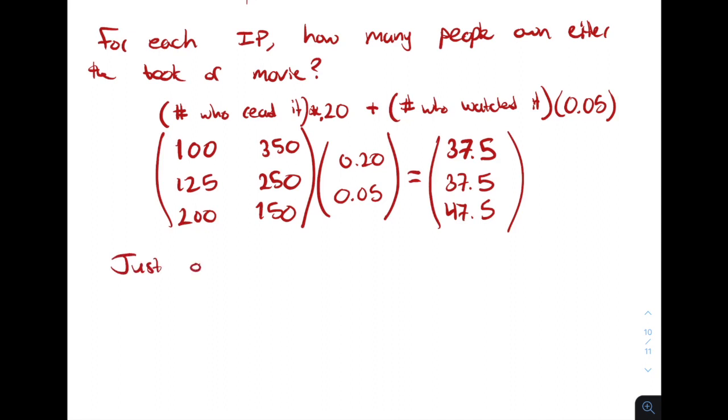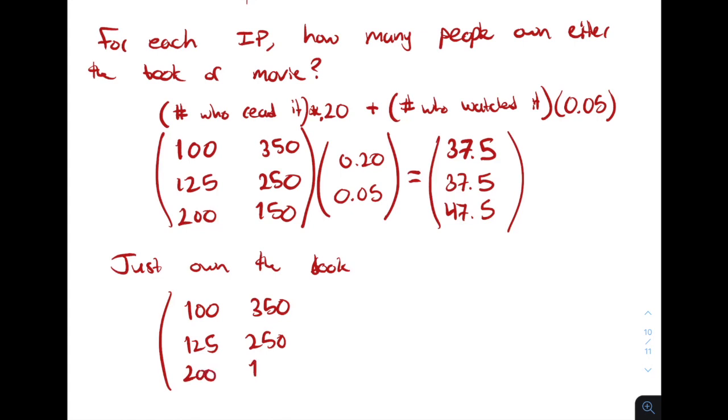If we were asked for those who just owned the book, we'd have our same matrix 100, 350, 125, 250, 200, 150, and we would get, here we're only concerned about those that read the book.